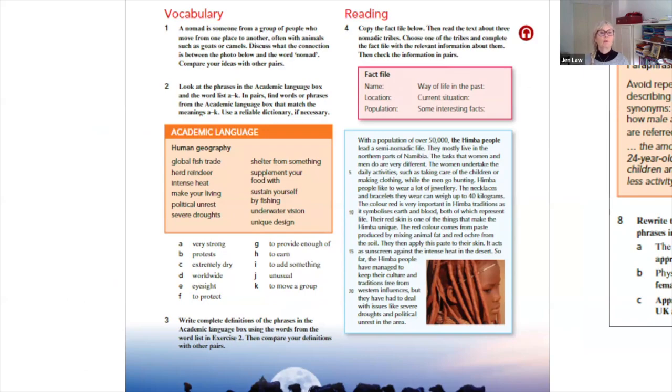And you can see that in the orange box, the academic language box, the title is Human Geography. So these are some words and phrases that students might need to use if they're talking about human geography. All right. And some of these phrases are very recognizable as phrases, which is why they're there as phrases, as opposed to standalone words.